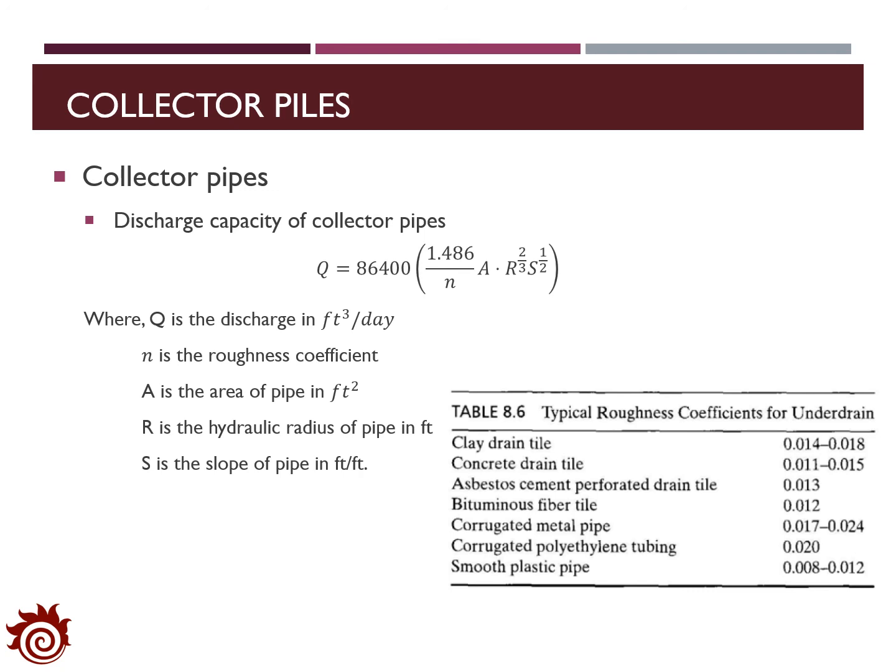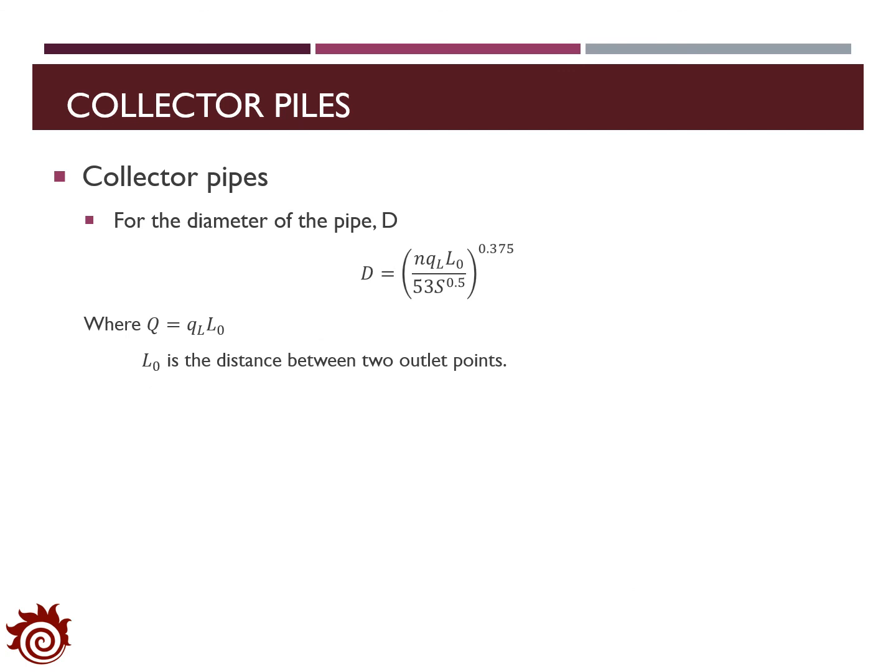R is the hydraulic radius of the pipe in feet. Capital S is the slope of the pipe in feet over feet. The equation here can be applied for us to estimate the required diameter of the pipes. Here, D is the diameter of the pipe. Capital Q is the discharging capacity, and Q equals QL times L0. L0 is the distance between two outlet points.